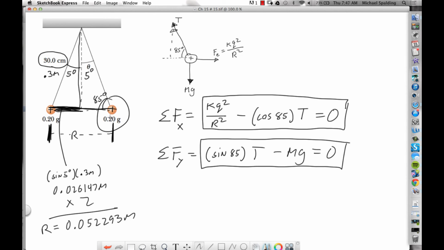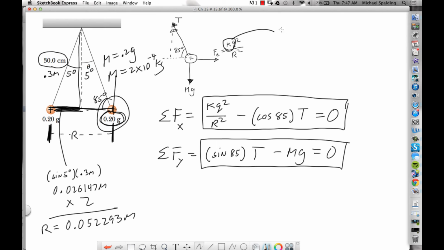Make sure you put the mass in kilograms. What do you got to do to the mass? They give us a mass of 0.2 grams. What do we have to do to that? Put it in kilograms. So that's going to be 2 times 10 to the negative 4th kilograms. Now look, why do you have to be in kilograms? Let me just tell you.